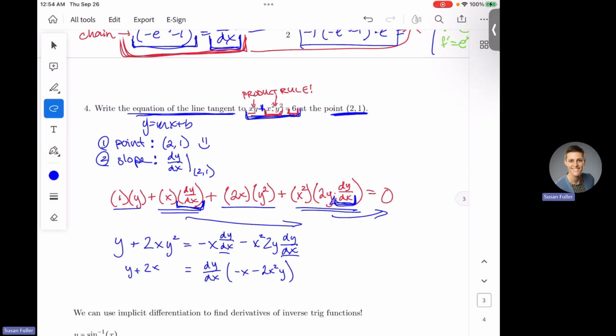Y plus 2xy squared. And so now to get dy/dx by itself, you're going to divide both sides by this. And you're going to get that y plus 2xy squared divided by negative x minus 2x squared y. That is my dy/dx. That's my slope function.